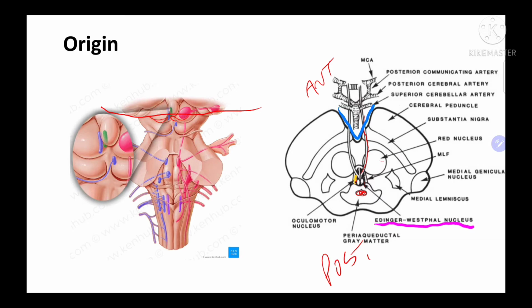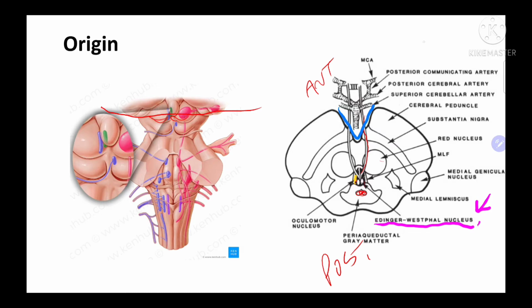Okay, this is the parasympathetic one here. Important of this nucleus, very important, the Edinger-Westphal nucleus. These fibers go to the eye via the ciliary ganglion, okay, and control the sphincter pupillae, the pupil constriction. We're gonna talk more later about it, and also the ciliary muscles, okay, with the accommodation.